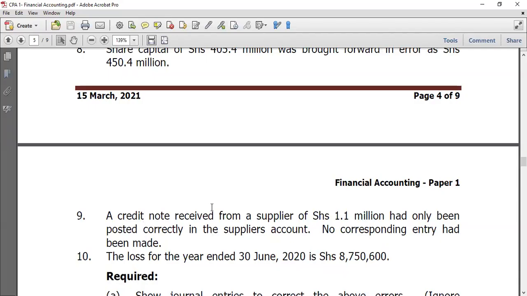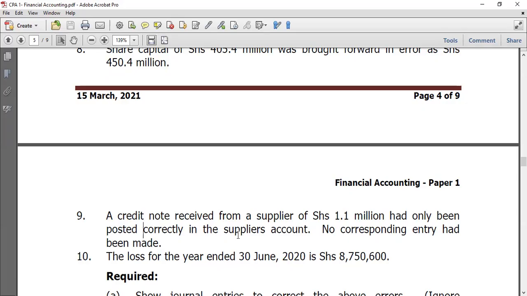Now, the next question should be, where is the corresponding double entry? Every time you have, let's say, a credit note, that credit note is coming in because you have what we call return outwards. You have goods that you have returned back to your supplier, okay?